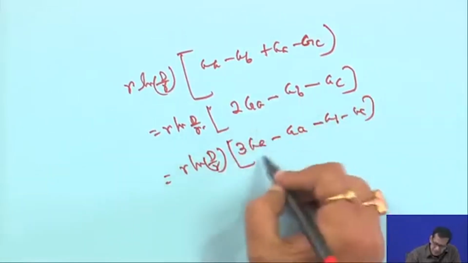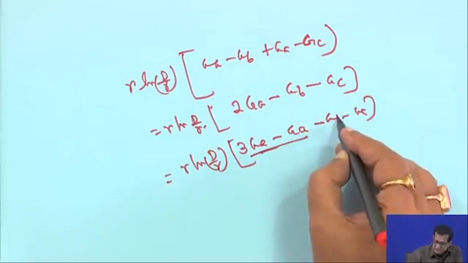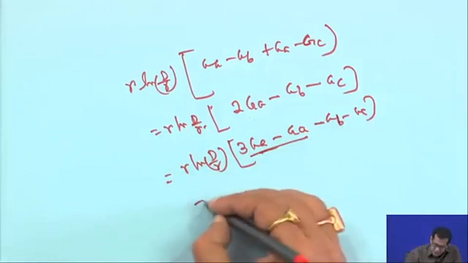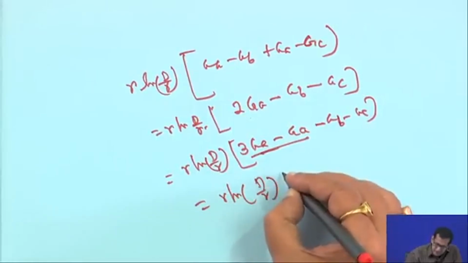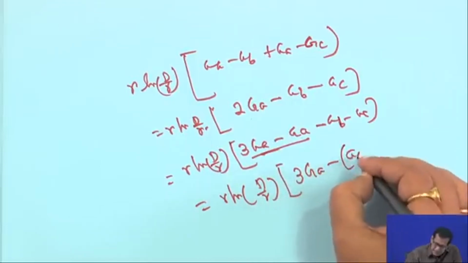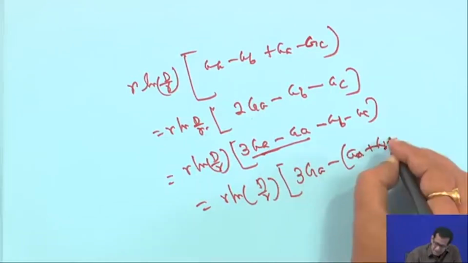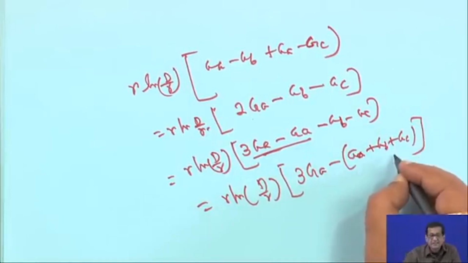So this 2 Ga we are writing as 3 Ga minus Ga, and minus Gb, minus Gc is there. So it is R ln d upon R into 3 Ga minus Ga plus Gb plus Gc, but we have seen Ga plus Gb plus Gc is equal to 0.